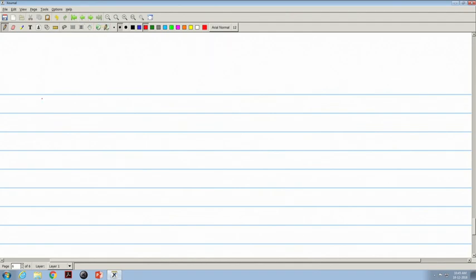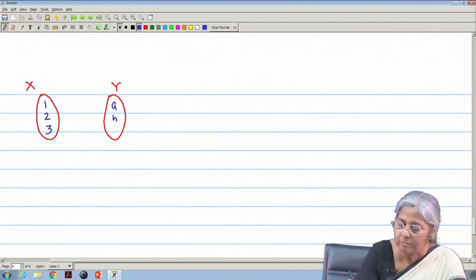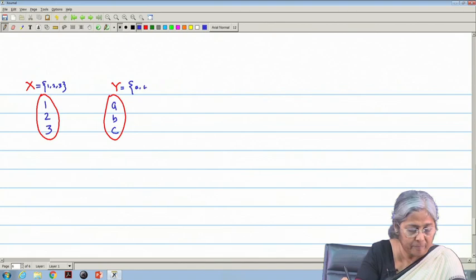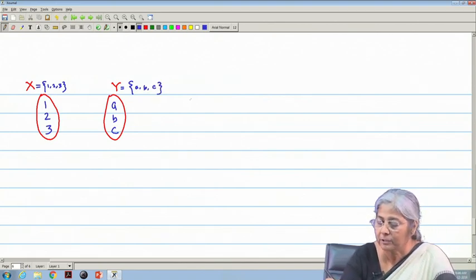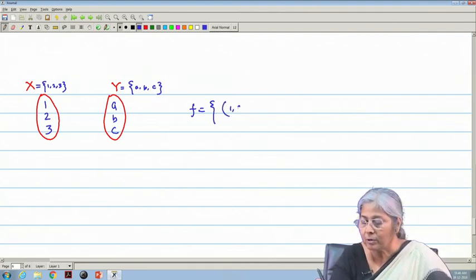If I take one example, say the same example of x to y, 1, 2, 3, here A, B, C, as if x is 1, 2, 3, y is A, B, C, and my function is given as 1a, 2b, 3c.